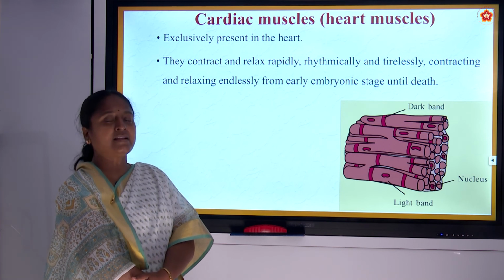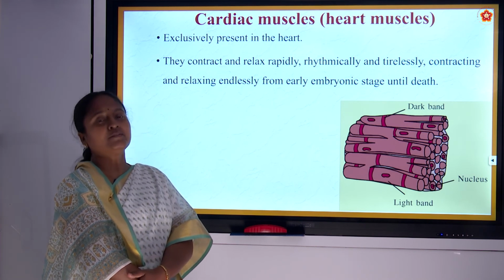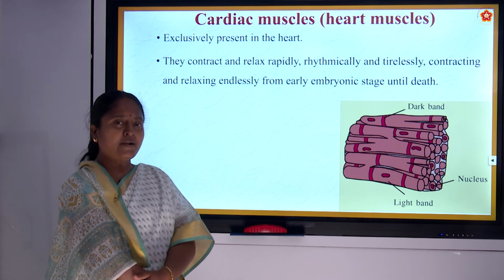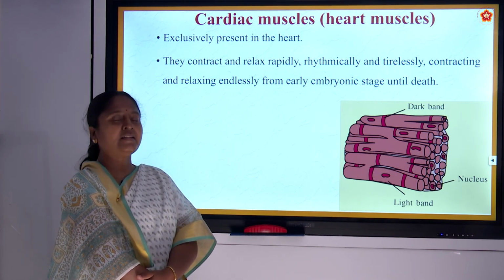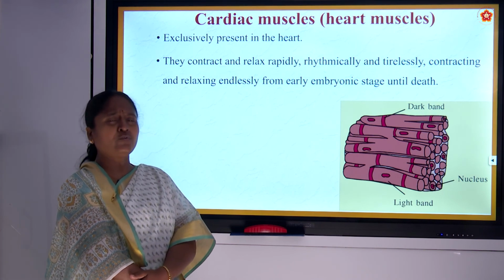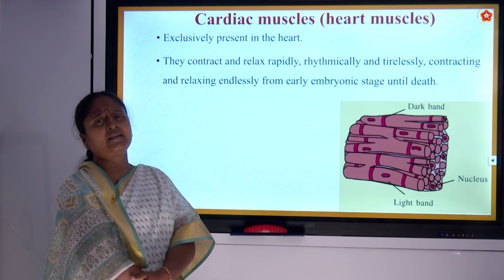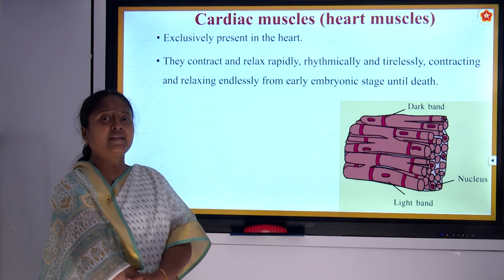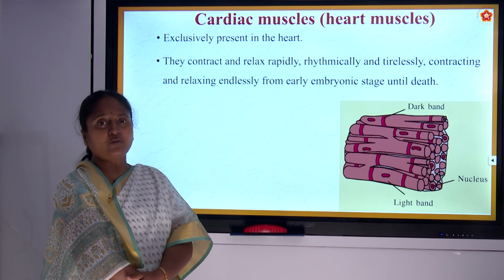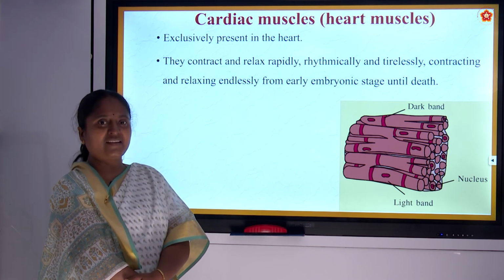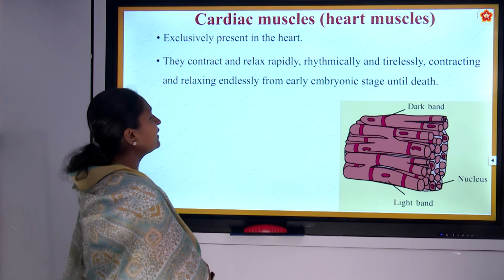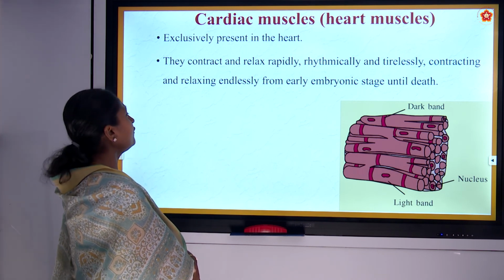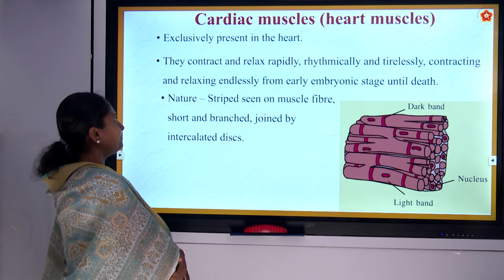Unlike the other muscles, if we are not eating food, the smooth muscle won't work, right? So it will go for a rest. If we are not moving our body parts, if we are sitting in position, then we are not doing any work with our leg, right? So all those muscles will have time to take rest, but heart muscle, they don't even think of taking a rest, right? Till death, it has to work continuously without any kind of relaxation, right?